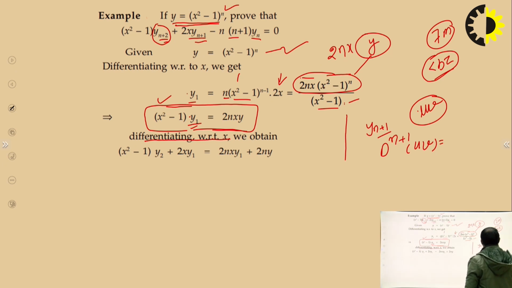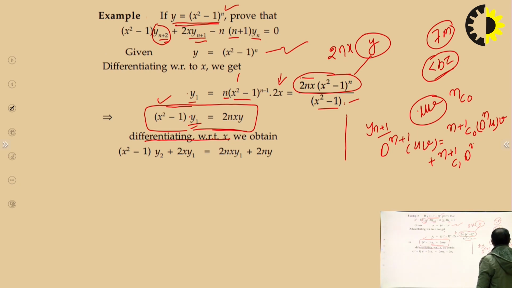In that case, where you have used nC0, in place of n you must use n plus 1. That is the logic. Then you differentiate your function n times in u and keep v the same. The second term is nC1; in place of nC1, you must use n plus 1 C1.